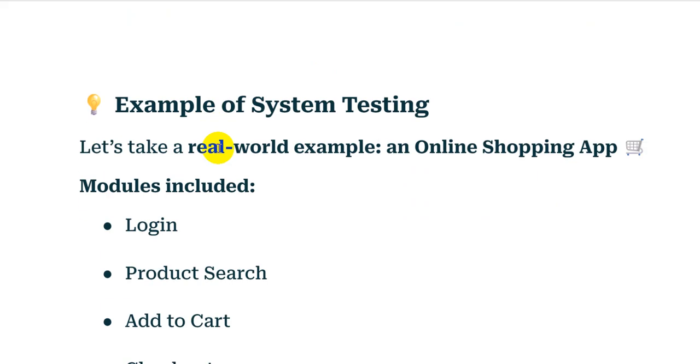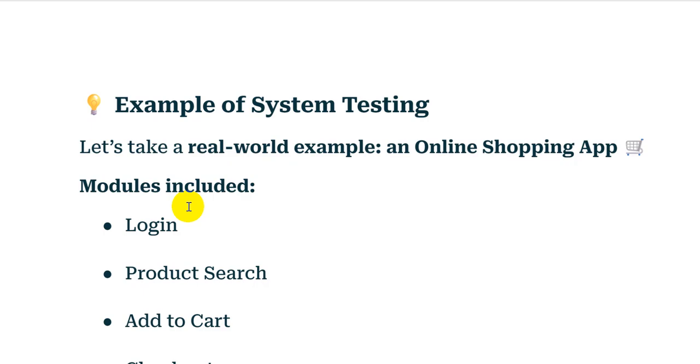Now let's take one example which will be helpful for understanding system testing correctly. Let's take an example of an online shopping app. As I mentioned with the Amazon example, here we can take one more example, a banking or e-commerce application.